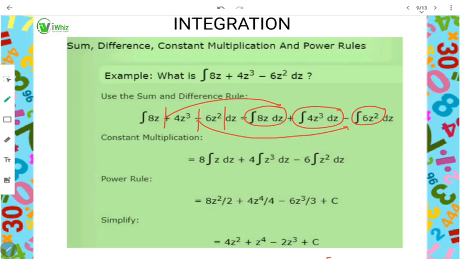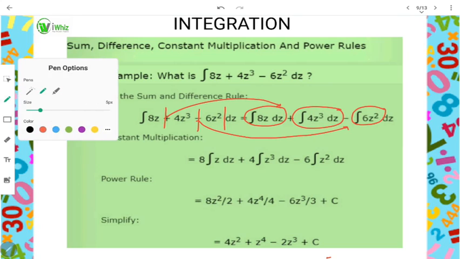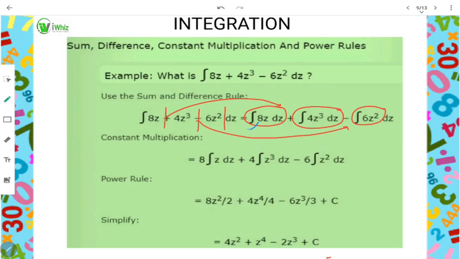So can you see this 8z? What I can do is I can take that 8 and bring it to the outside of the integral. Therefore, I have 8 integral z dz plus 4z cubed minus 6 integral z squared dz.